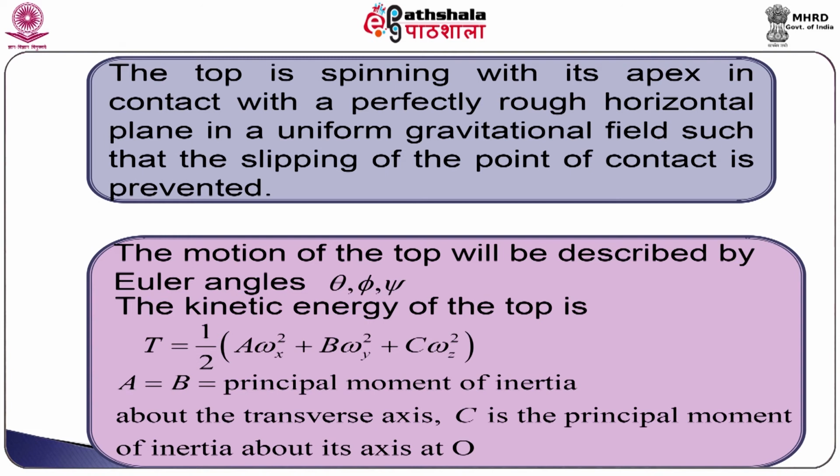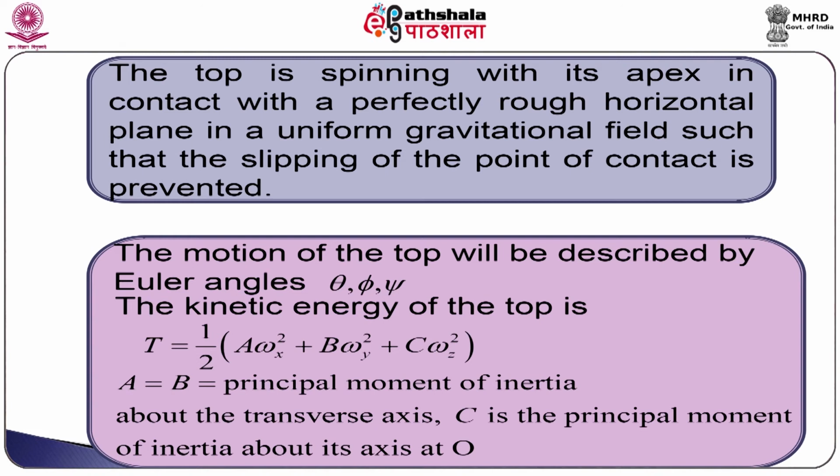We know that top is a rigid body. So, the kinetic energy of the top is T equal to half into A into omega x square plus B into omega y square plus C into omega z square. Omega x, omega y, omega z are the components of angular velocity along x, y and z axis respectively.